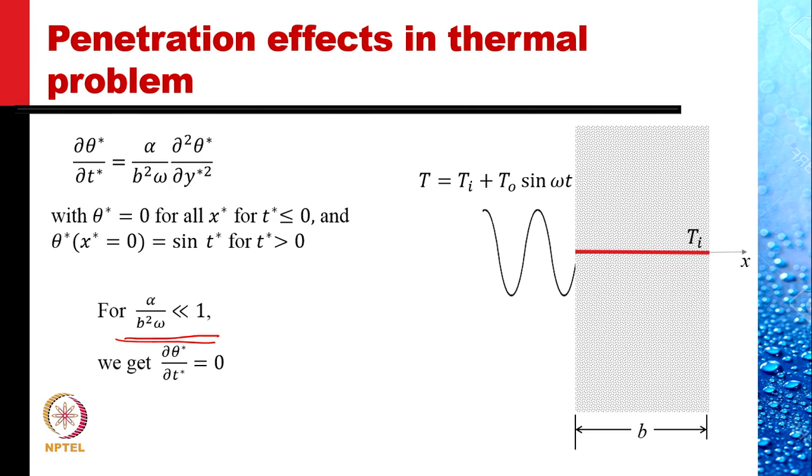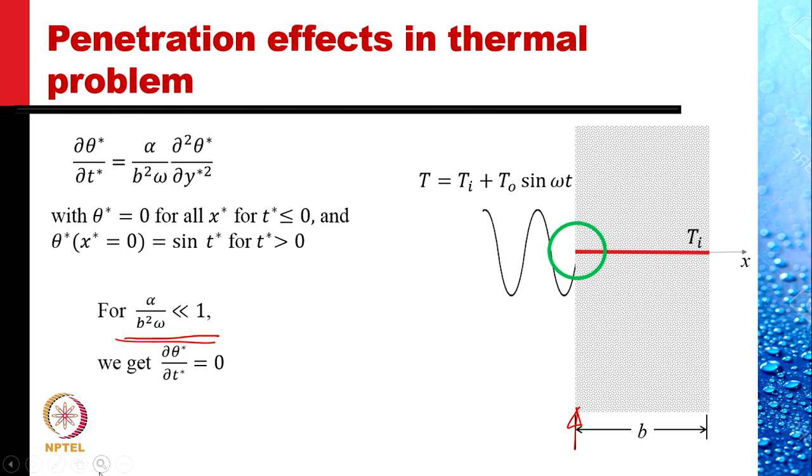And so we run into a problem. It cannot accommodate the boundary condition at x is equal to 0. So similar to what we did before, there has to be an inner region, a boundary layer region, where the temperature fluctuates.